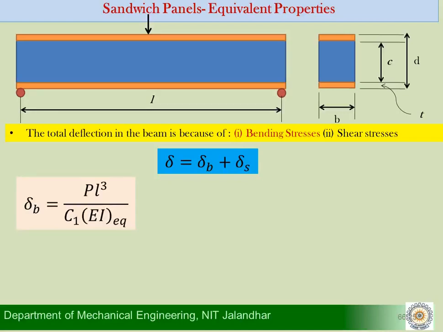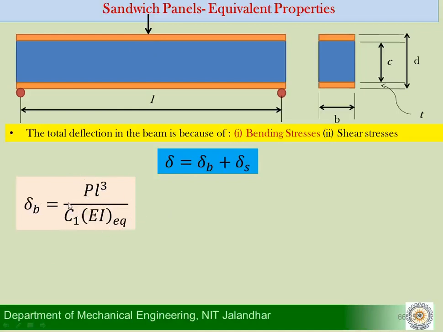Delta B is traditionally found as PL cube upon C1 EI. This is the formula that we normally use for finding the deflection because of bending stresses. C1 is a constant. For a 3-point bending, this C1 value is 48. So it is PL cube upon 48 EI.